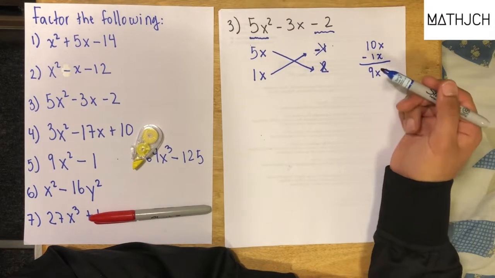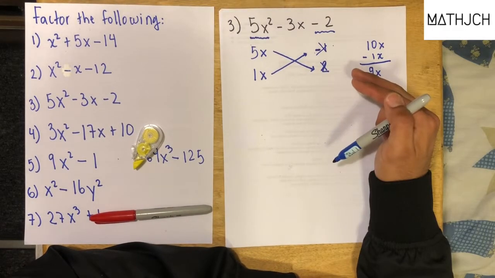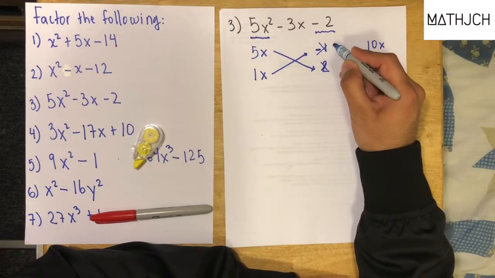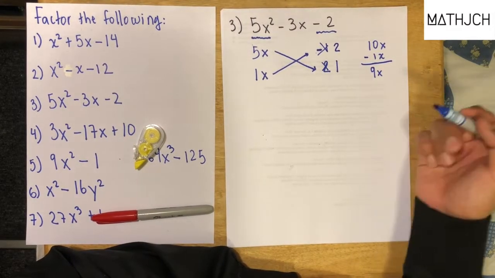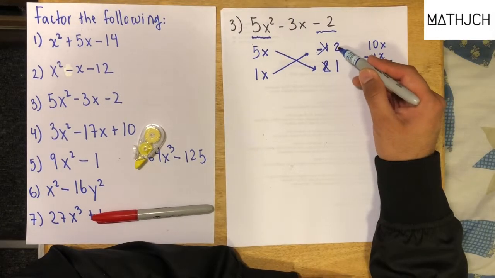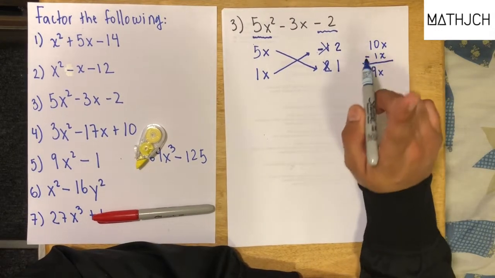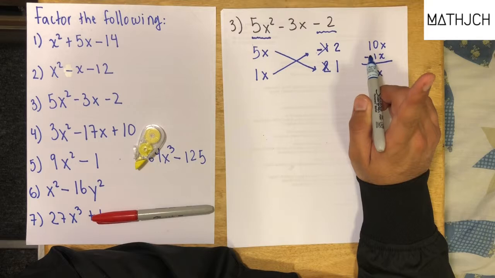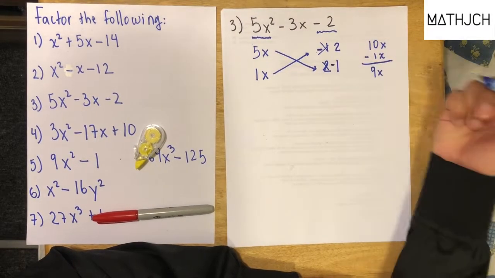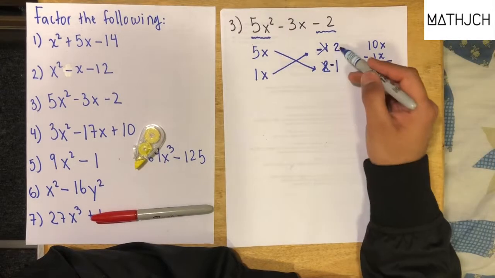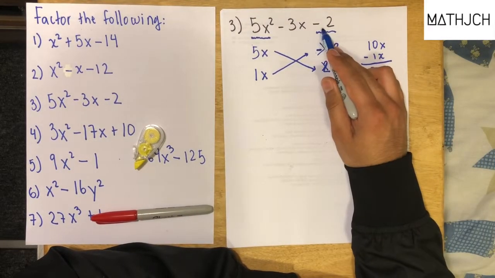Now, let me use the same numbers, but let's put 2 here and let's put a 1 here. Still, notice that 2 times 1 gives me 2, but I need one of them to be negative, right? Let's see if I still put the 1 as a negative. The 2 times negative 1 still gives me negative 2.